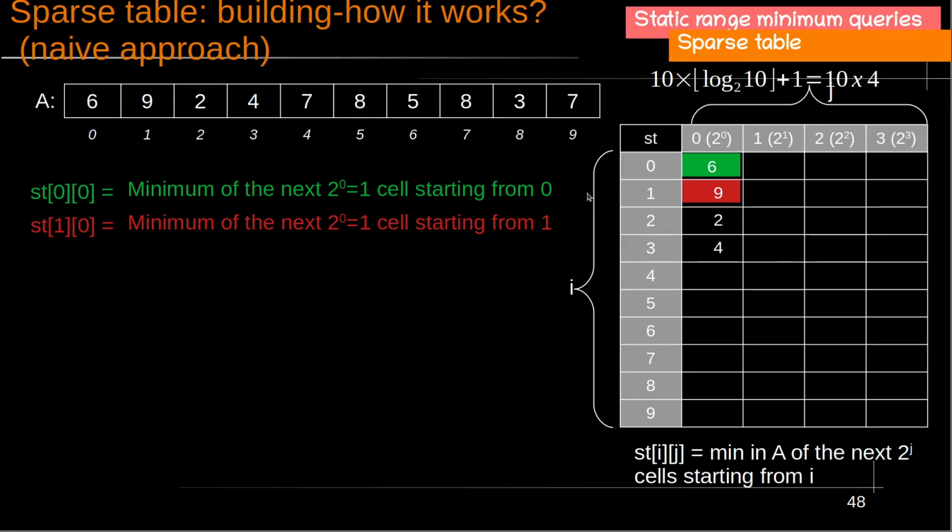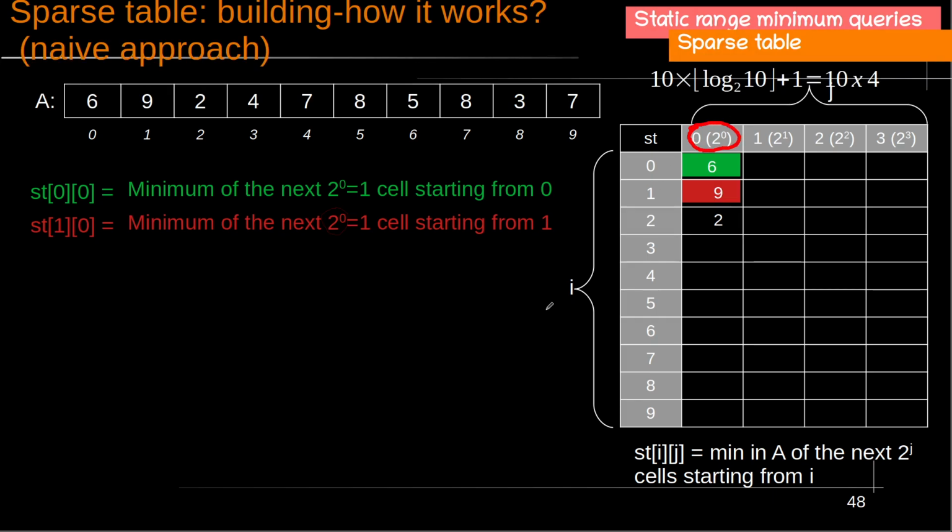Starting from 1, which is 9. Let's continue. ST[2][0] means the minimum of the next 2^0 cell, because we are filling the column 0.